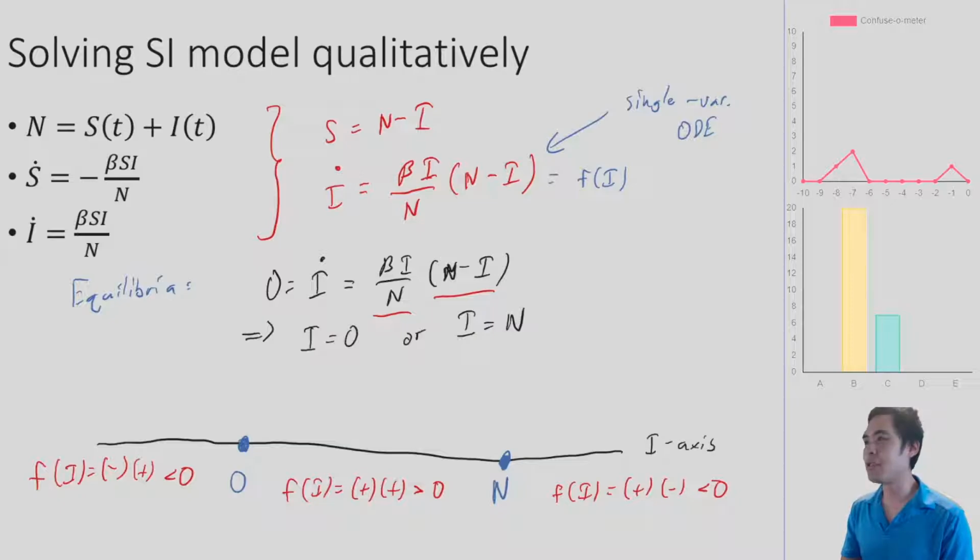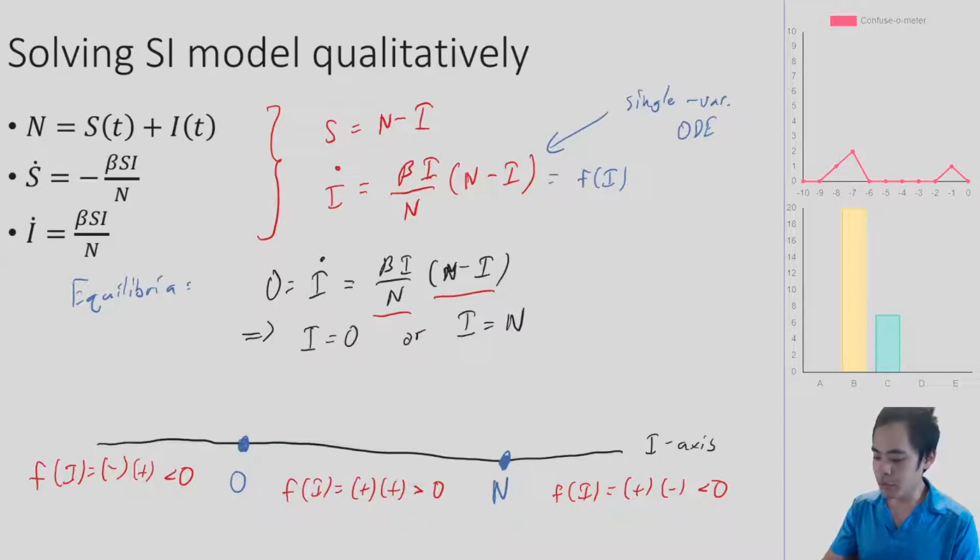N equaling 0 means that you have no one in your population, since N is the total number of people in your population. So N can't be equal to 0, because that would mean a population with 0 people, and so there's no possibility for infection. But I can be equal to 0. So the number of infected people can be equal to 0, even though N can't be.